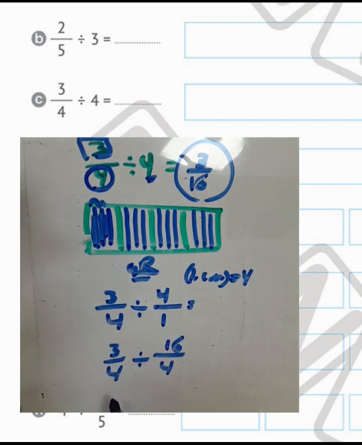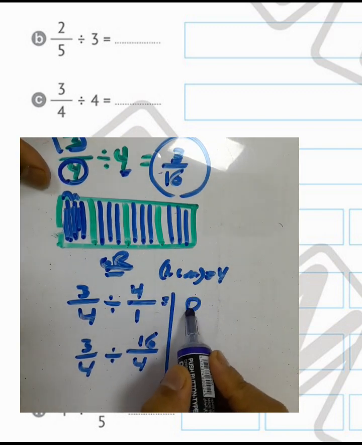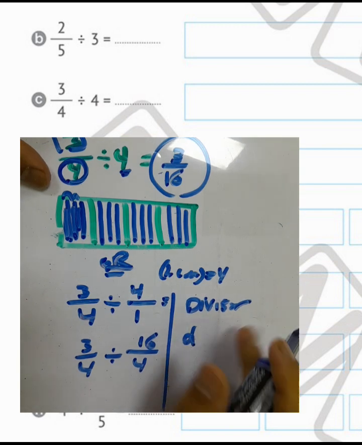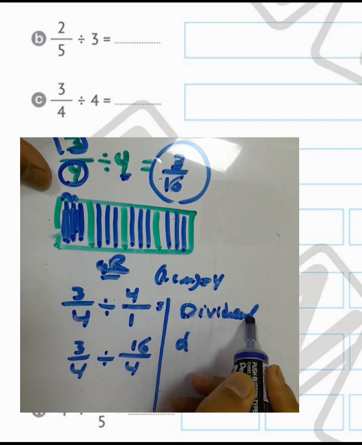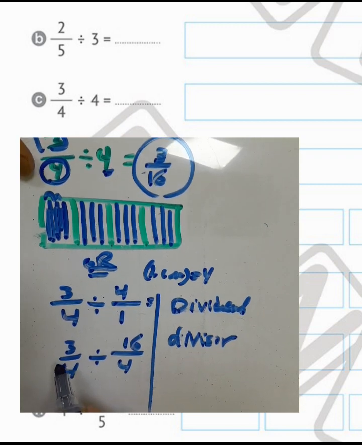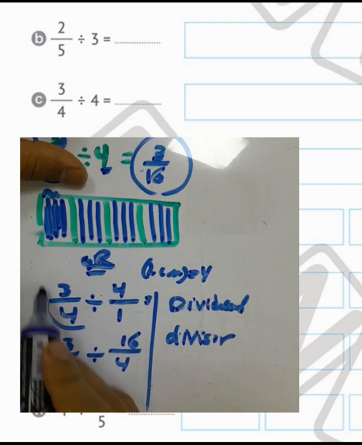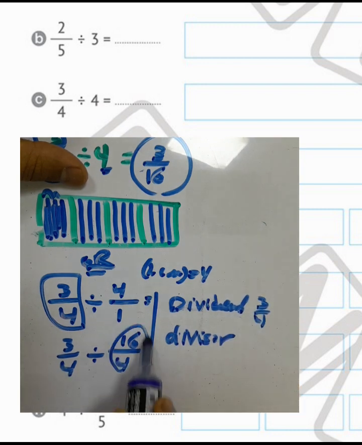Then we will draw here the dividend and the divisor. First put the dividend, and here the divisor. Okay, my students, the dividend is 3 over 4, and the divisor is 16 over 4.